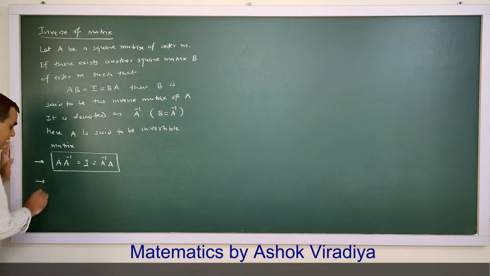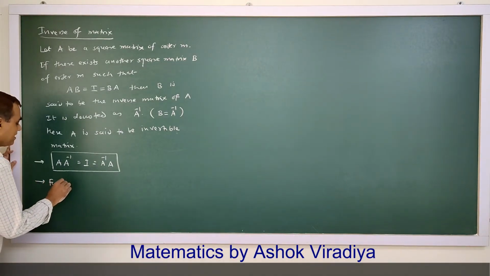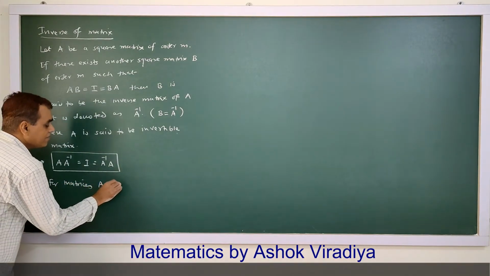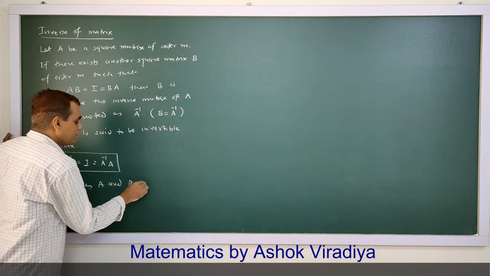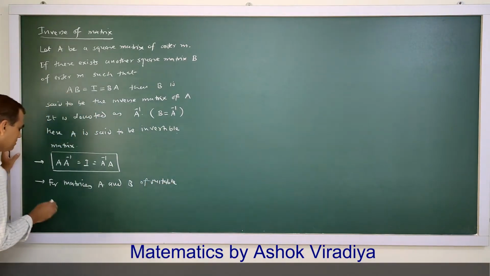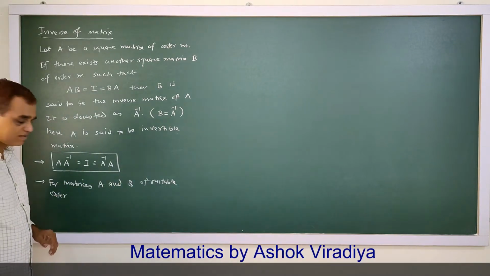And one more result for matrices A and B of suitable order, these are square matrices.